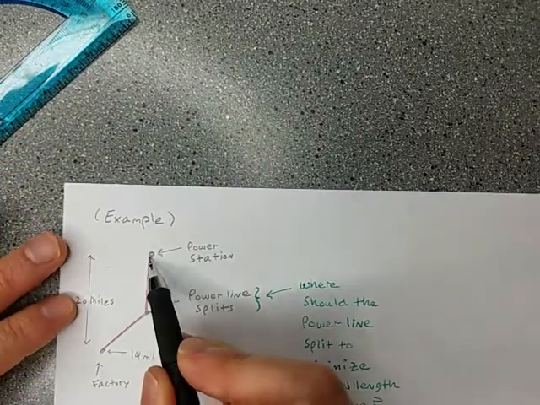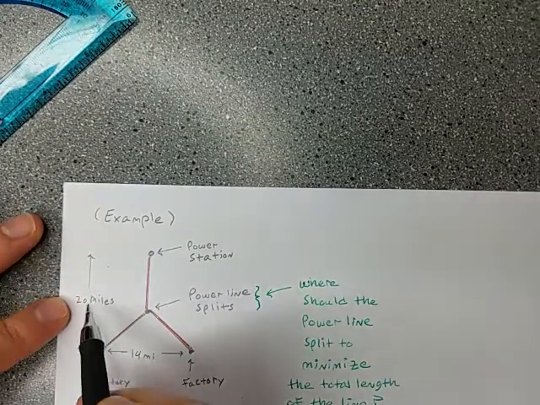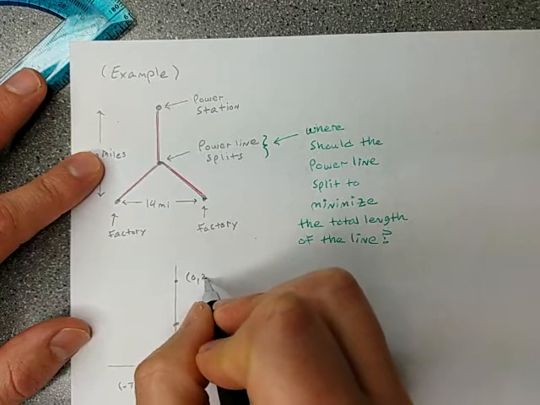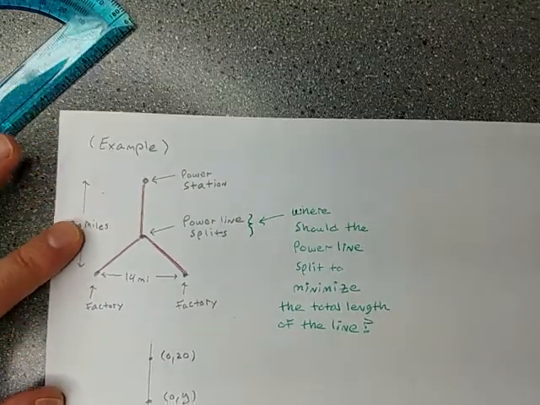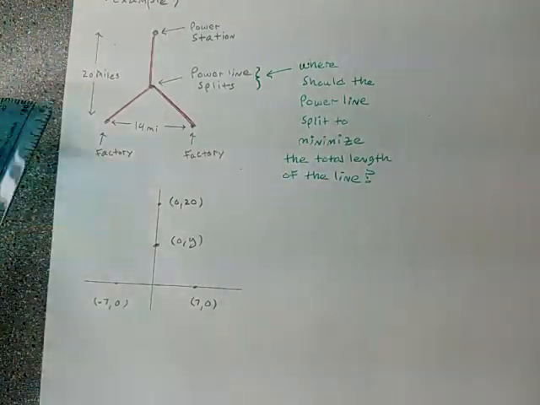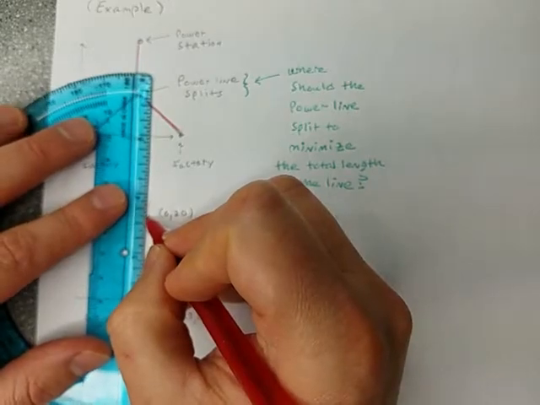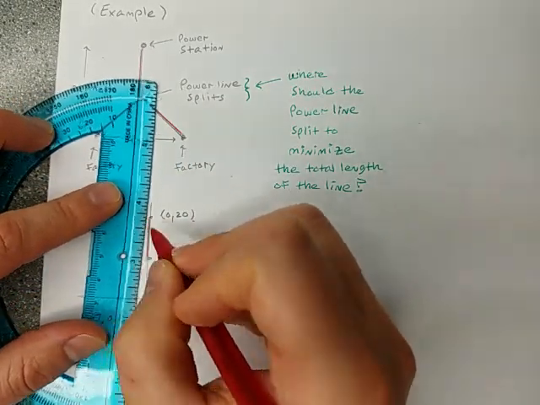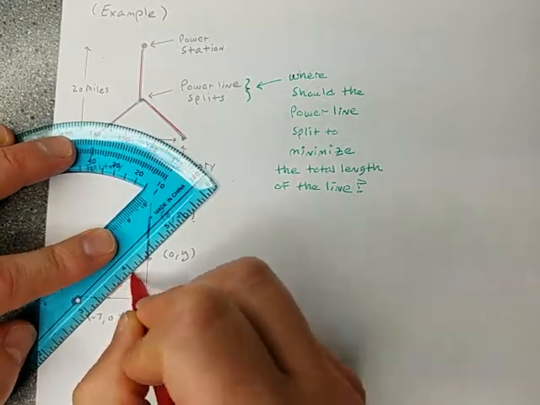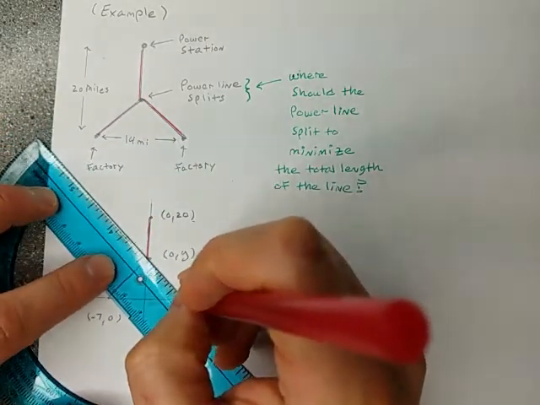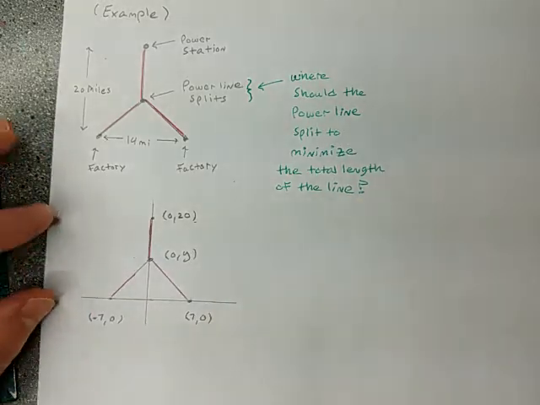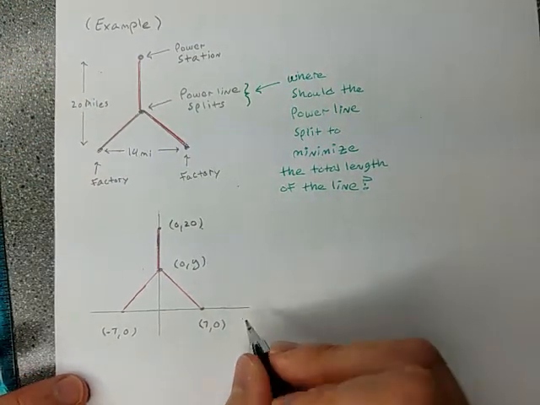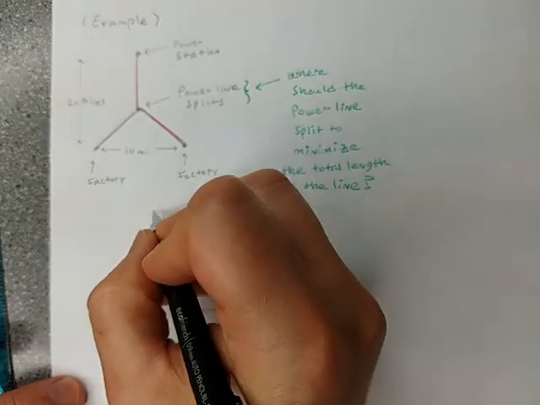And then the power station itself was 20 miles that way, so I'll put that at (0, 20). In order to make it amenable to doing math, I'll put it like this. So there's the transmission line like so, and like so, and like so. And that maps my original diagram onto a graph where I have an x and a y-axis.